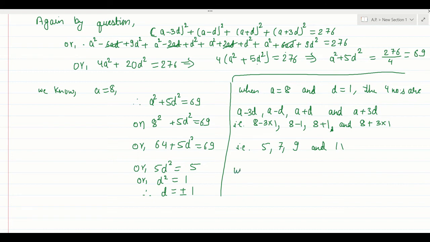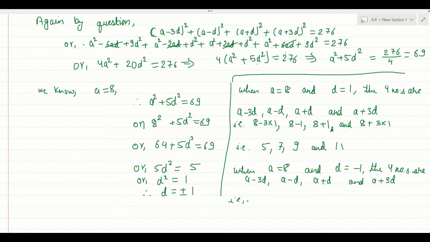Similarly, when a is equal to 8 and d is equal to minus 1, the four numbers in AP are a minus 3d, a minus d, a plus d, and a plus 3d.